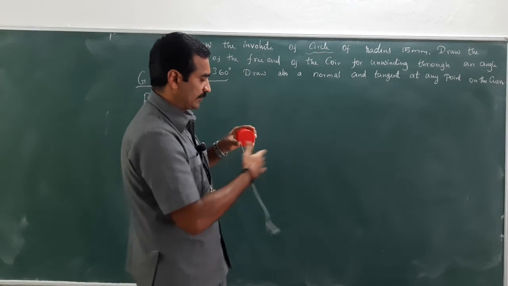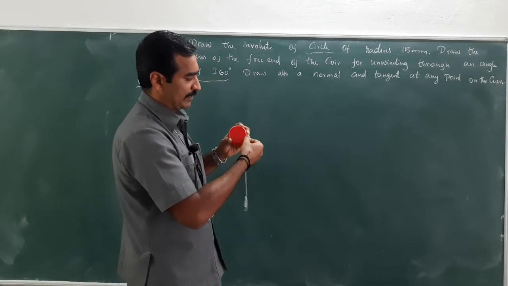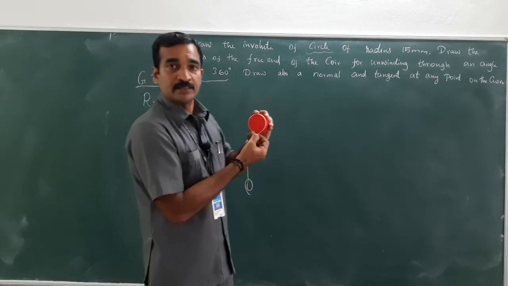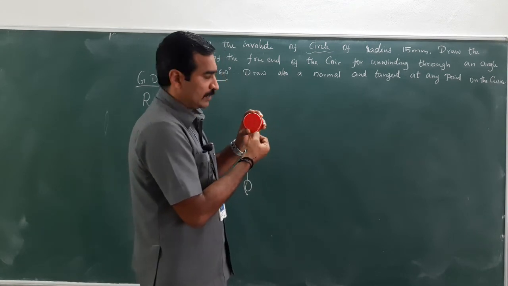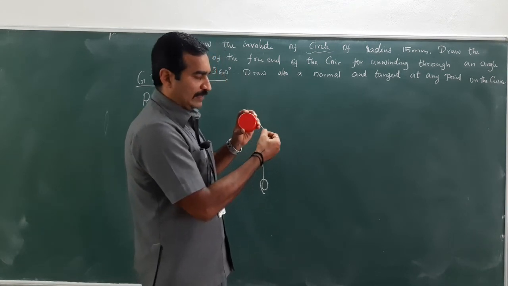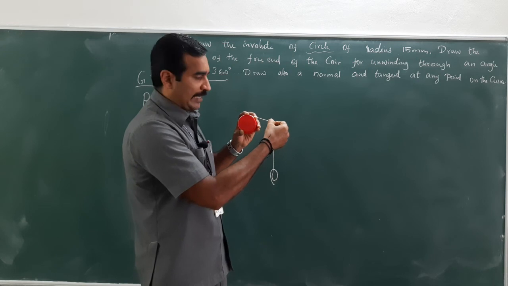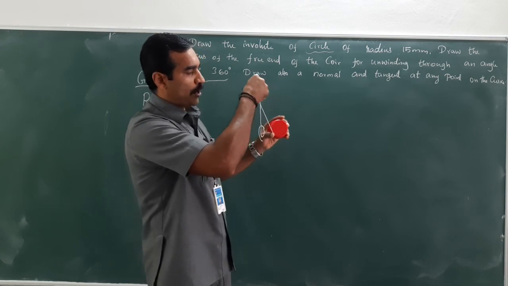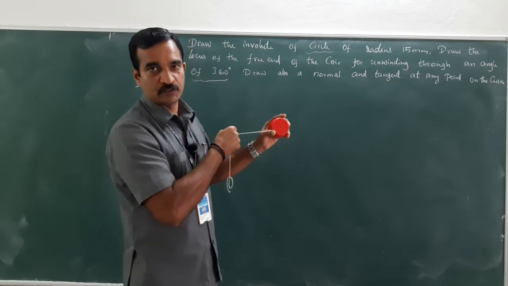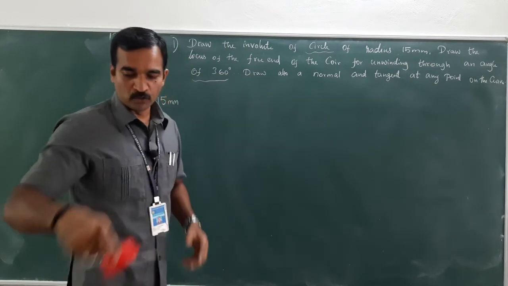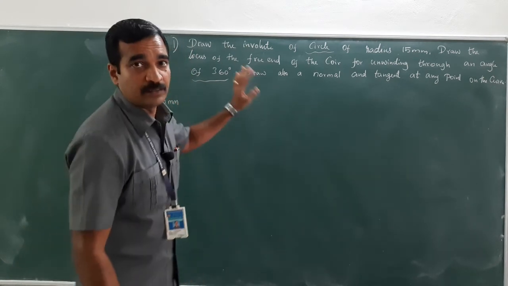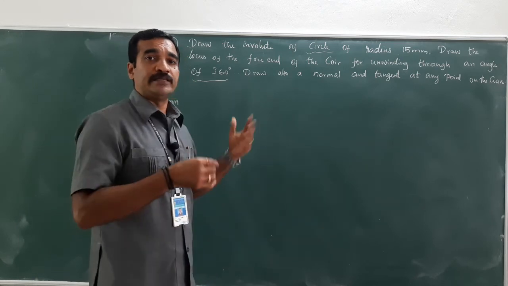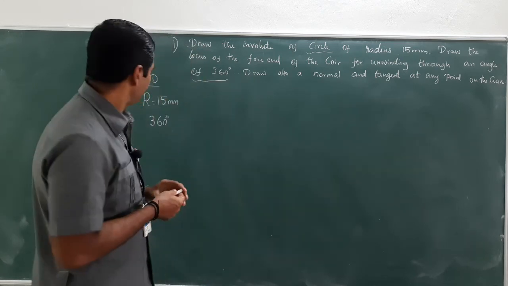Keeping the coil tight and unwinding it, it traces some points in the space. Those points I am going to plot to get the shape of the involute.